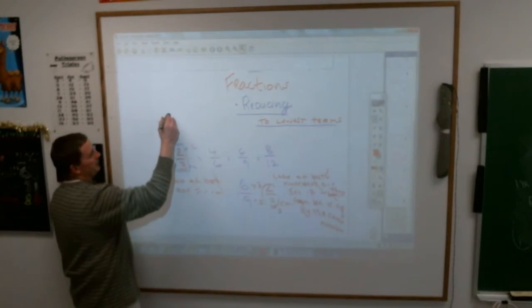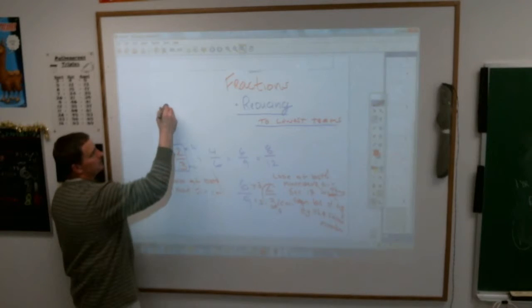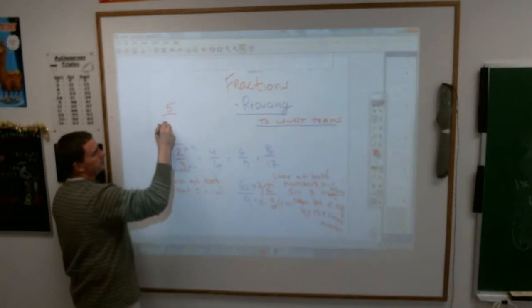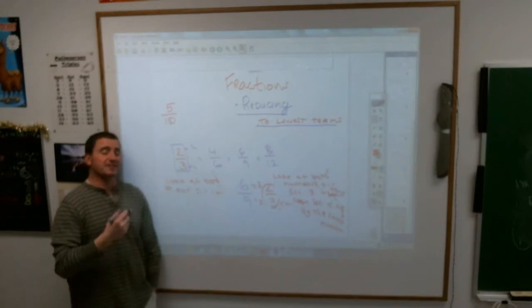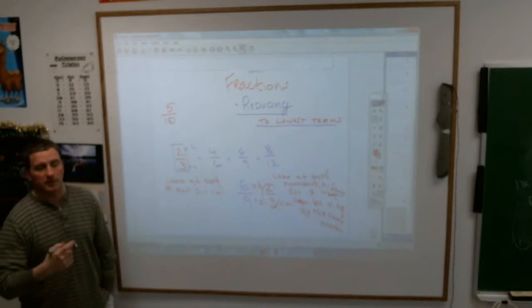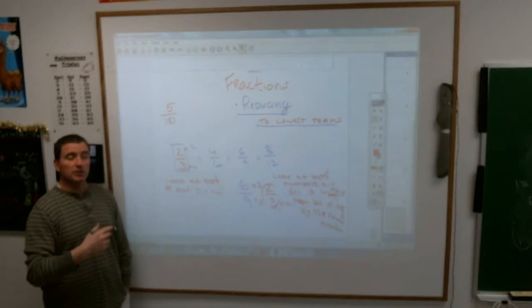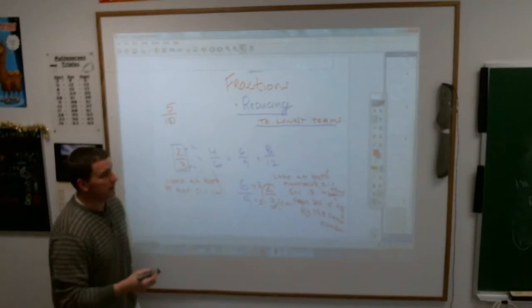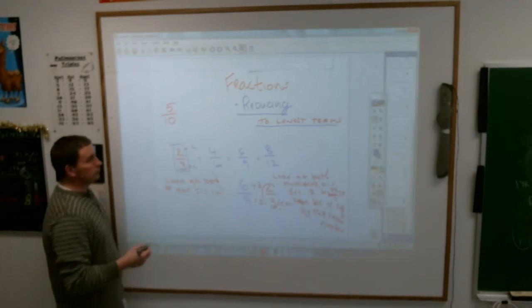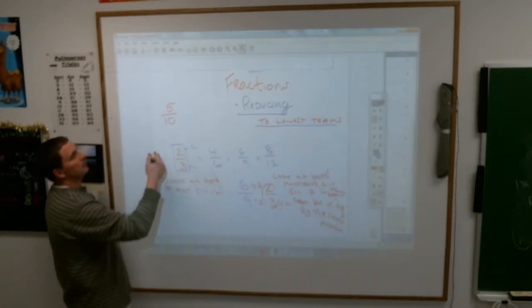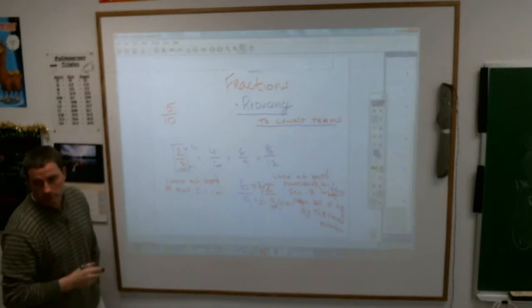What about 5/10? If you have the fraction 5/10, that fraction is not reduced as far as it can be. What number goes into both 5 and 10? What can you divide 10 and 5 both by? 2 doesn't go into 5.